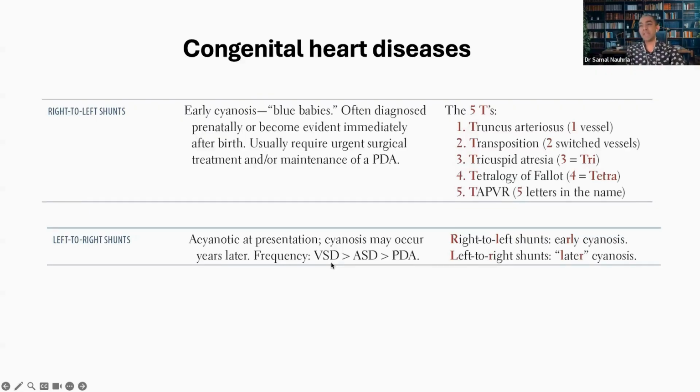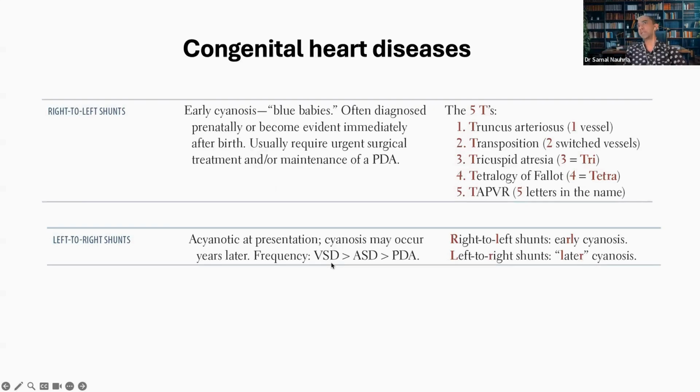Agreed. But isolated VSD is the overall most common congenital heart disease. Out of all congenital heart diseases, the overall frequency is close to 40 to 45%. So it's the most common overall congenital heart condition. What I said is isolated VSD.